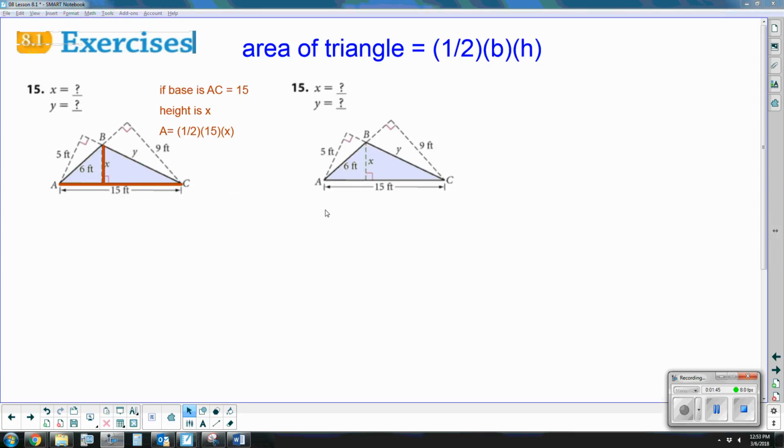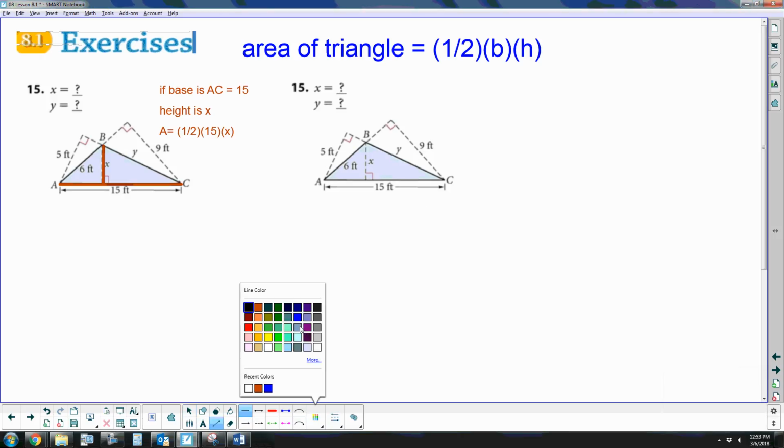So let's think of this figure where the base is not AC, but the base of the triangle is a different side. So maybe now, instead of the base being AC, let's think about it as the base is BC.